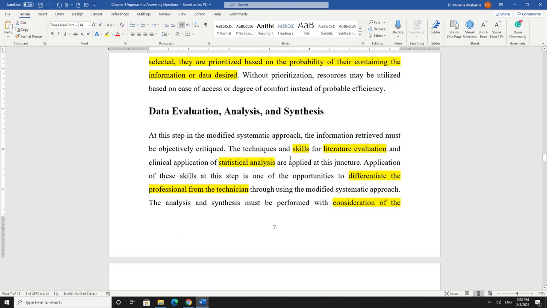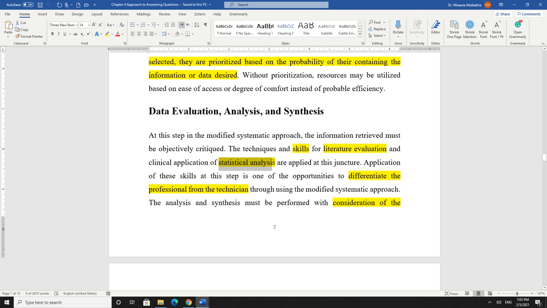Okay, after that you might go to different resources and you might have the same information or different or contradicting information. So what you have to do is evaluate the information you get. Look at them all, evaluate them, and apply clinical statistical analysis.